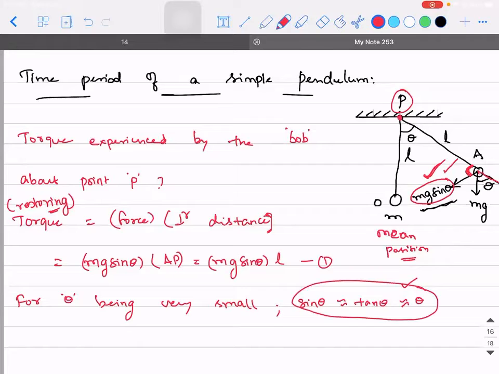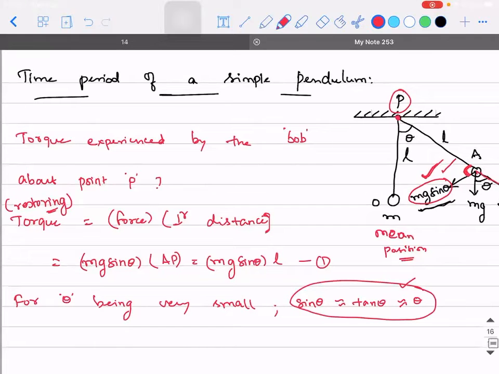So what I'm going to do in this case is, torque is equal to mg into theta into L, because here we need to consider theta to be very small. This is one approximation that we are doing. So what is the approximation, if they ask?